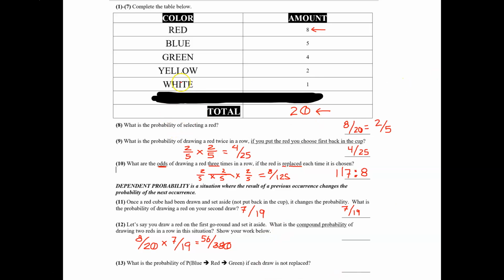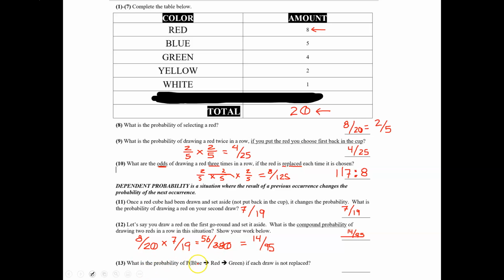So if we divide both our numerator and our denominator by 4, we end up with 14 over 95. So that is our compound or complex probability of drawing 2 reds in a row without replacement, meaning we don't put the first red back into the cup, 14 over 95.